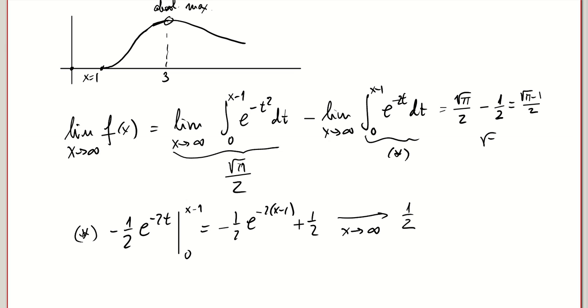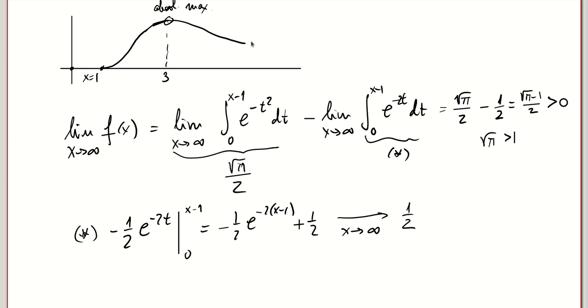But the square root of pi is larger than 1, right? Because pi is 3 point something, and the square root of pi is like 1.7 or 1.8 or something like that. So it's definitely larger than 1, so this number is positive.